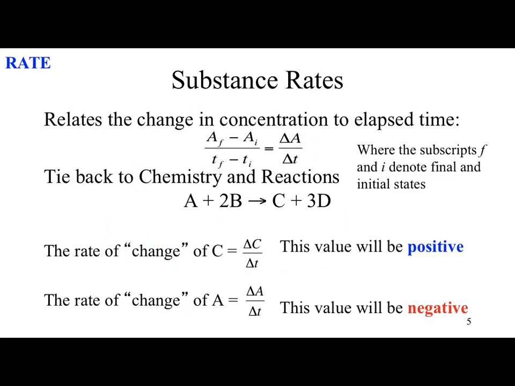Okay? And if we're going to decide to monitor that reaction, as we look at these, what does it mean if we see C, our rate of change for C, having a negative value? Is that possible? Yeah, it is absolutely possible, but it's supposed to be positive. So what does it mean if it's negative?